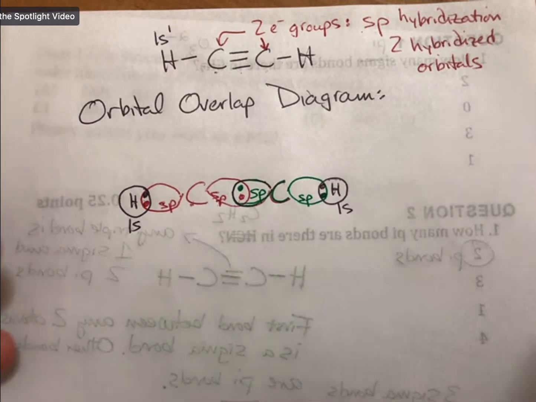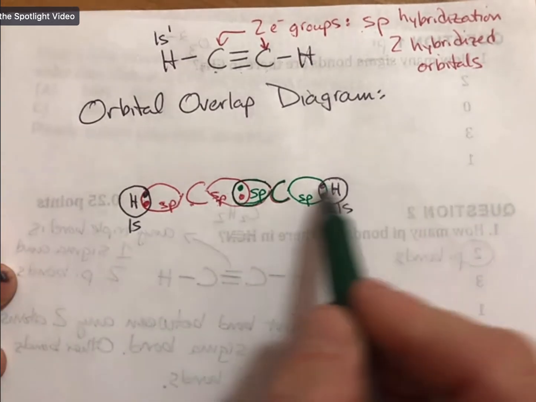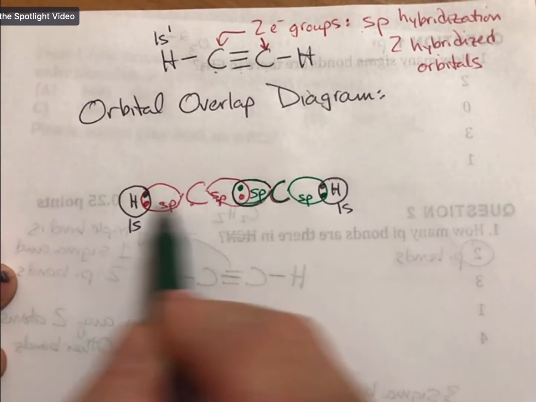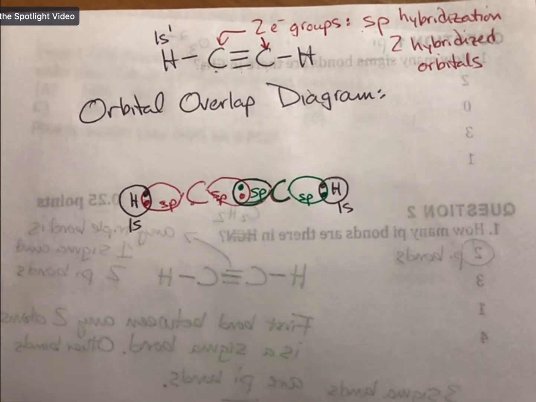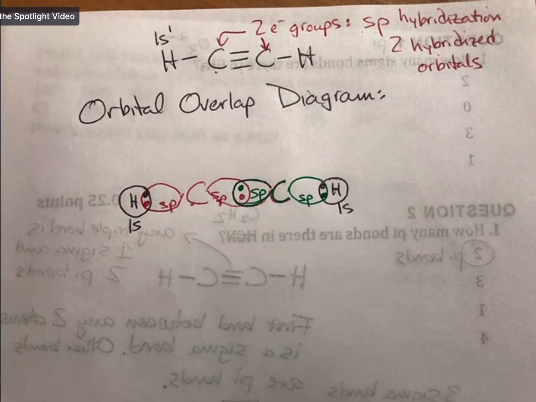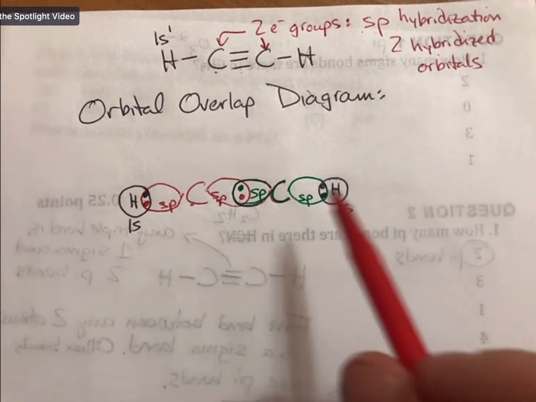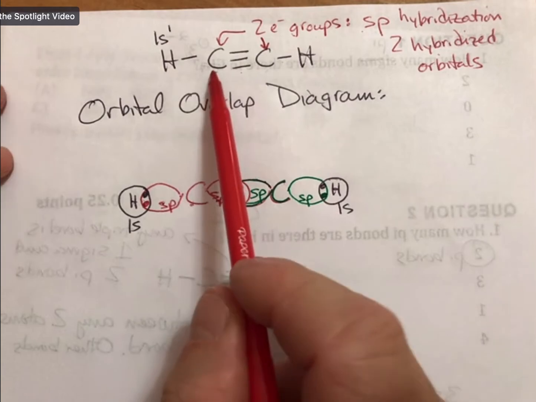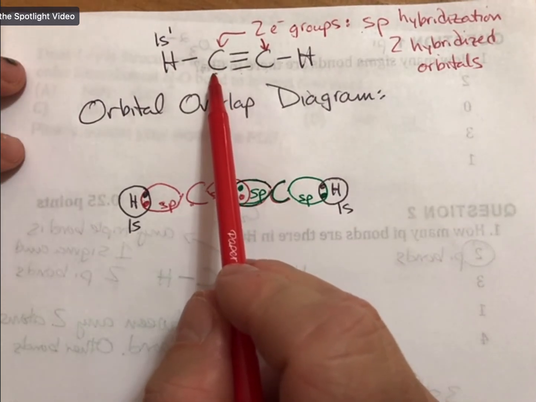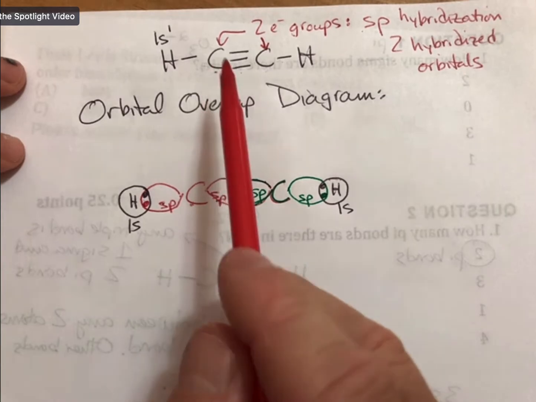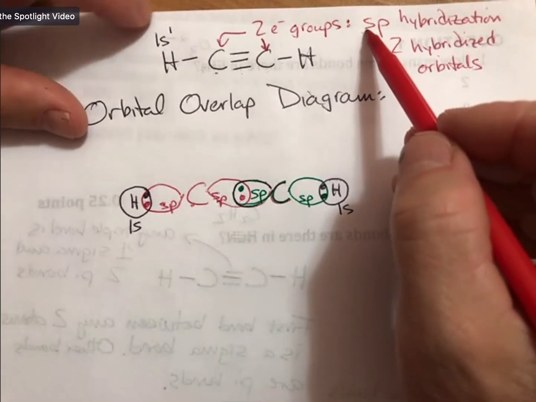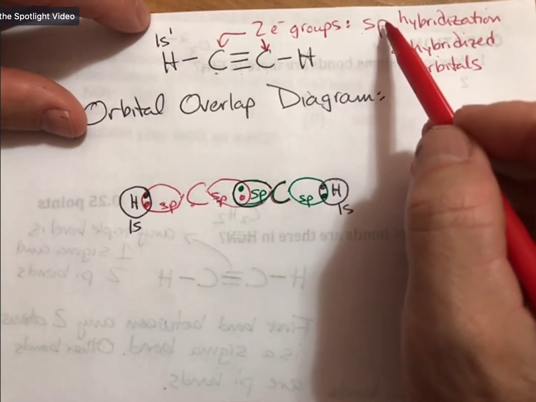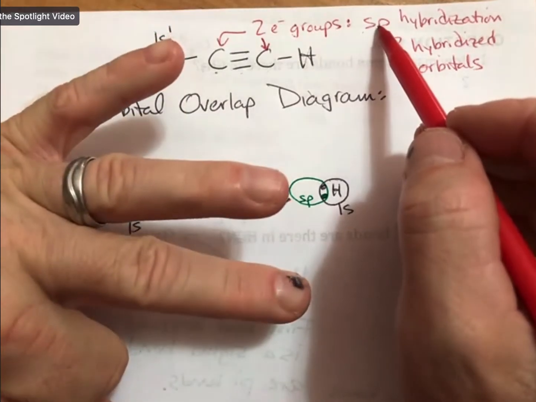I still have some pi orbitals to draw, and all the sigma orbitals lie along the axis of the nuclei. I'm not done, but any questions so far about this? Okay. Now let's think about this carbon atom for a second. A carbon atom has a 2s orbital and 3 2p orbitals.